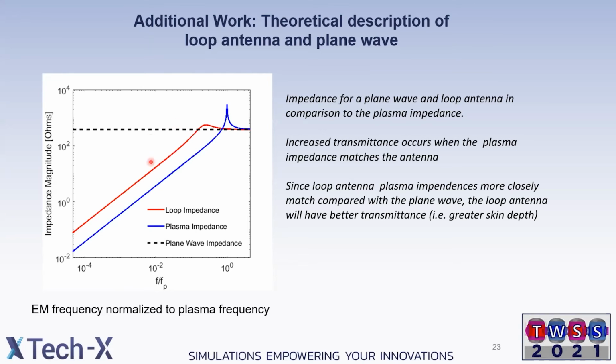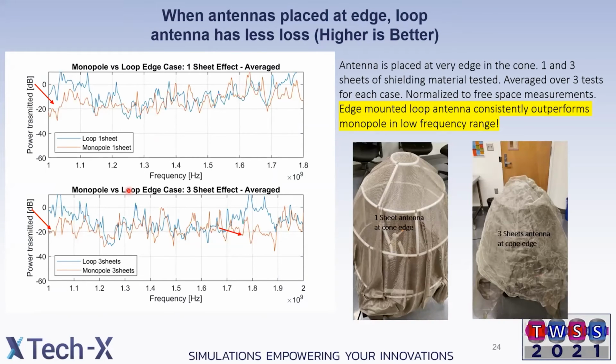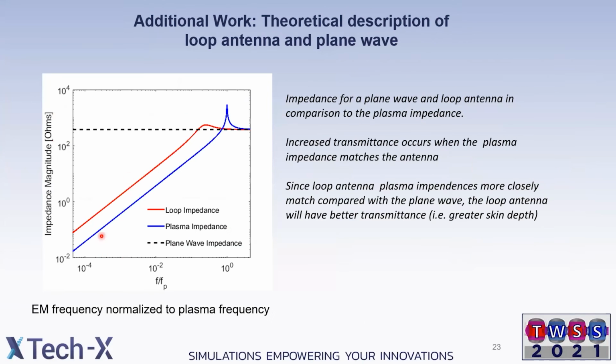And when I look at this, my thought is you'll probably see more improvement at lower frequencies, because the impedance of the plasma and the plane wave are just drastically different, whereas the loop antenna and the plasma sort of follow each other. So that's what this simple theory shows. Now, we did some preliminary experiments, and I'll come back to this in just a minute with some current work that I'm doing to look at how the transmittance changes with frequency.